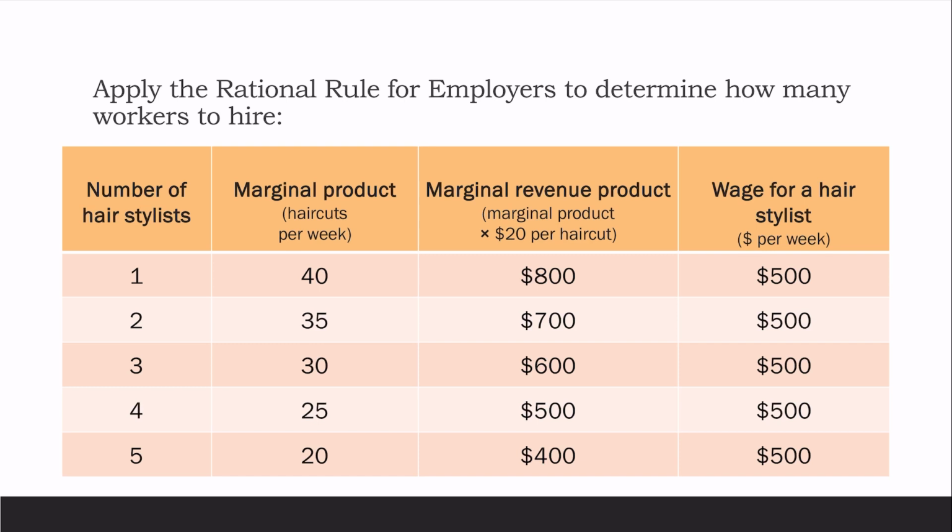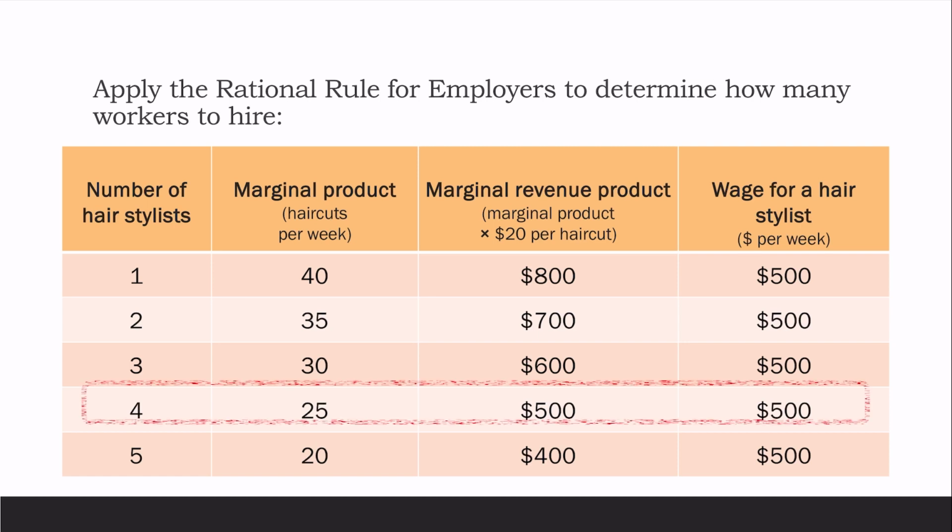Then we can calculate the marginal revenue product of labor by multiplying the haircuts by the price, and the price is $20 per haircut. So we see here 800, 700, 600, 500, and 400. The wage for the stylist is 500 per week, which is fixed. So 500, 500, 500. Based on this, we can see where they are equal.